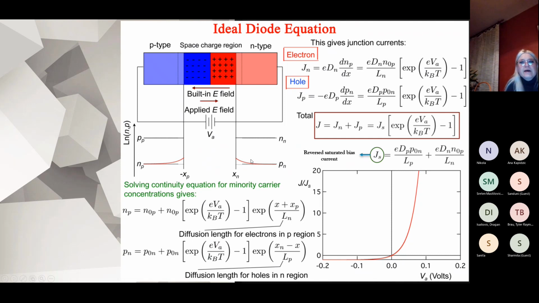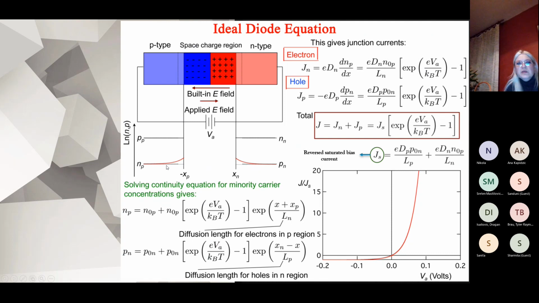I'm sorry, and we also said that the coordinates are the same. As for now, here you have a depletion zone, minus xp, and this is xn. And we said if we have a forward bias current, then we have many more electrons here than the minority carriers, and the electrons will be concentrated next to this depletion zone.